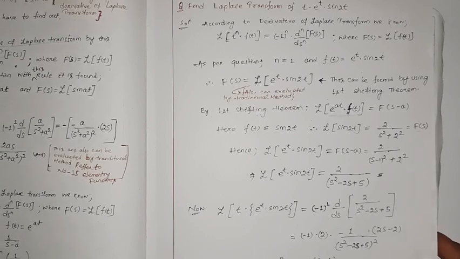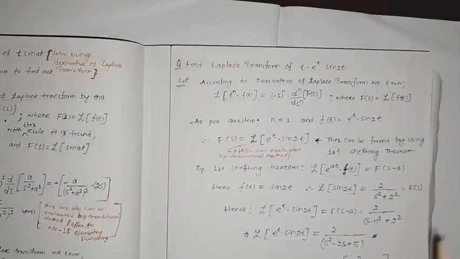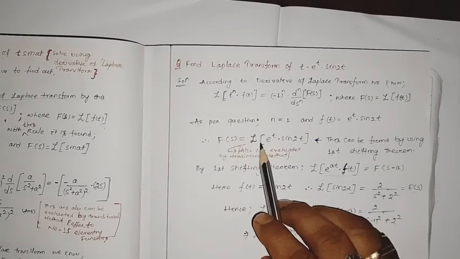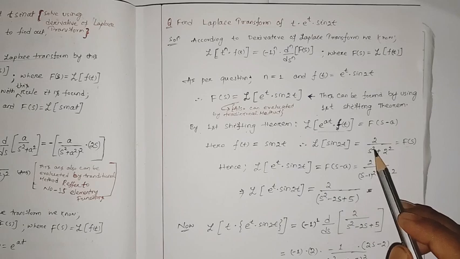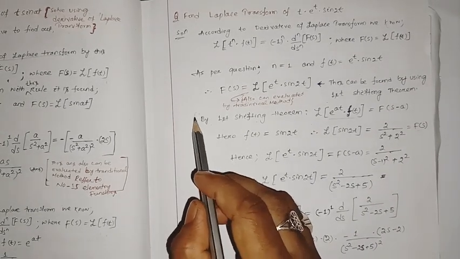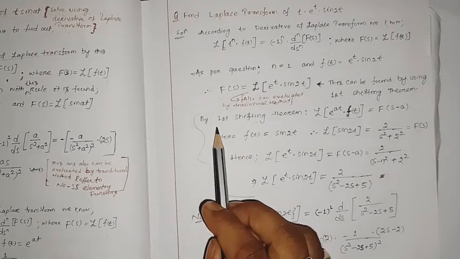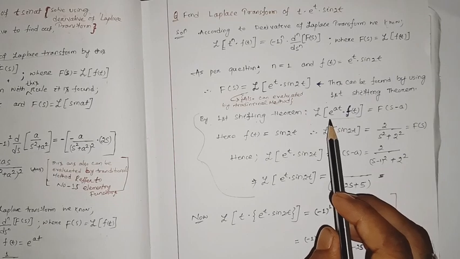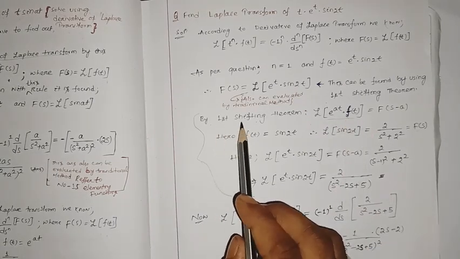Now don't be confused over here. This portion was considered only to find the Laplace transform of e to the at f of t by using the shifting theorem.